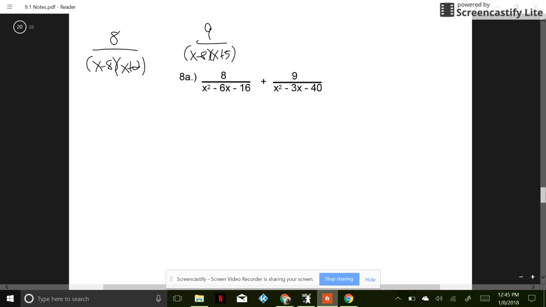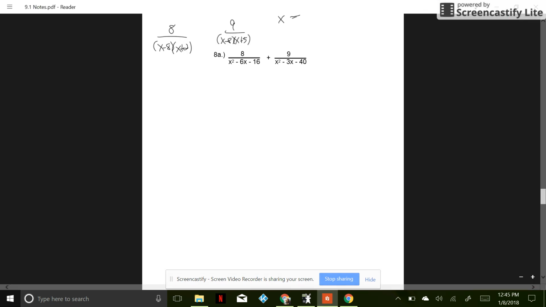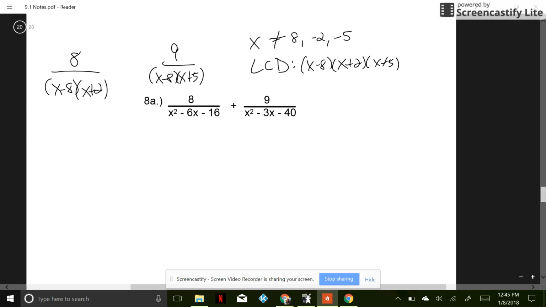So our excluded values, sorry about that. X cannot be 8, negative 2, or negative 5. Our LCD, x minus 8 appears in both, and then we'll have to have that x plus 2 and the x plus 5 to get all of those factors included.